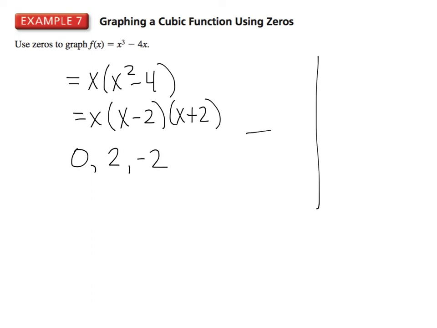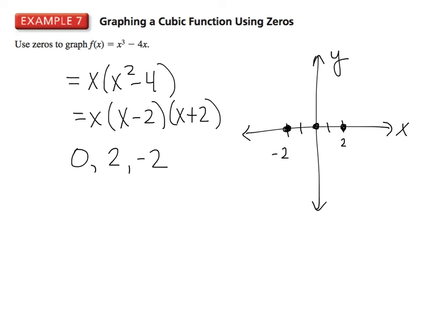So if I graph this, 0, 2, and negative 2. So it's going to go through it 3 times.